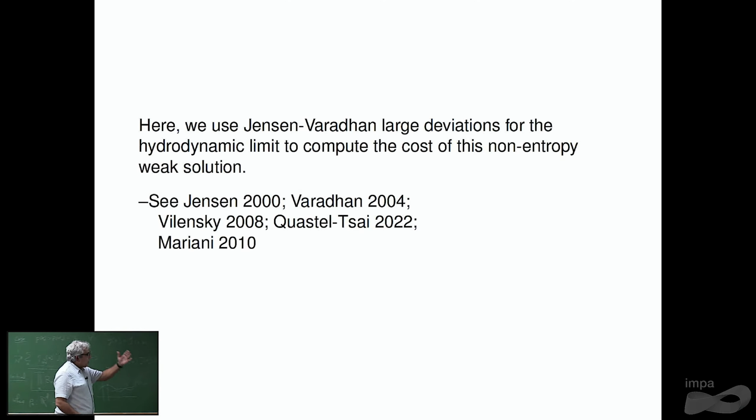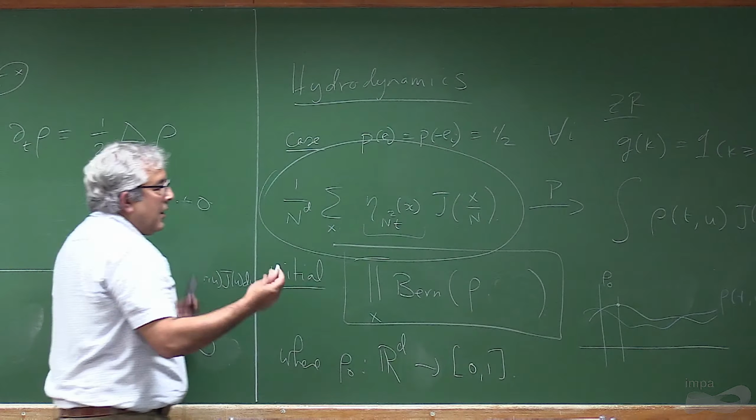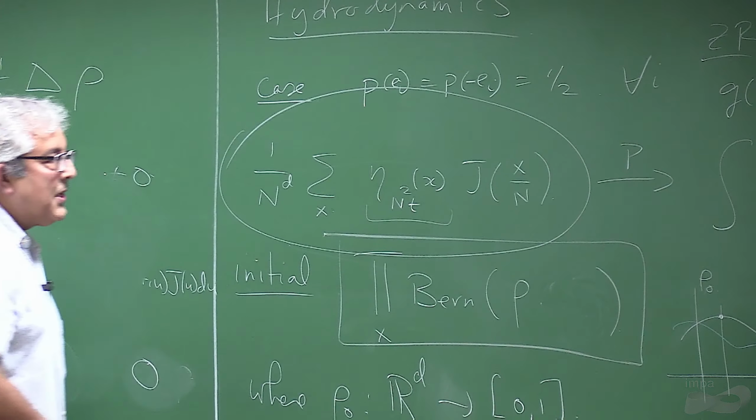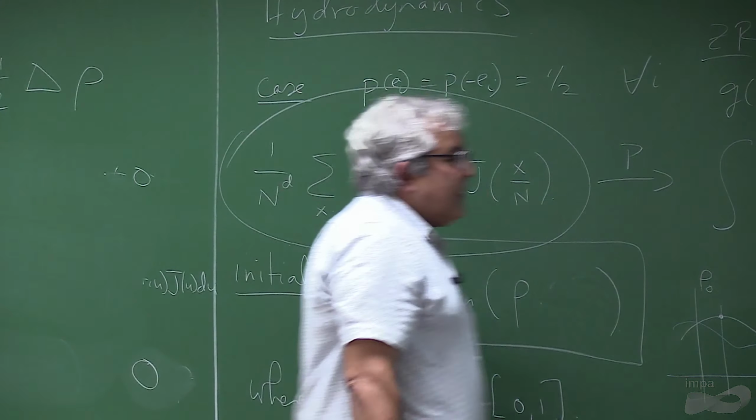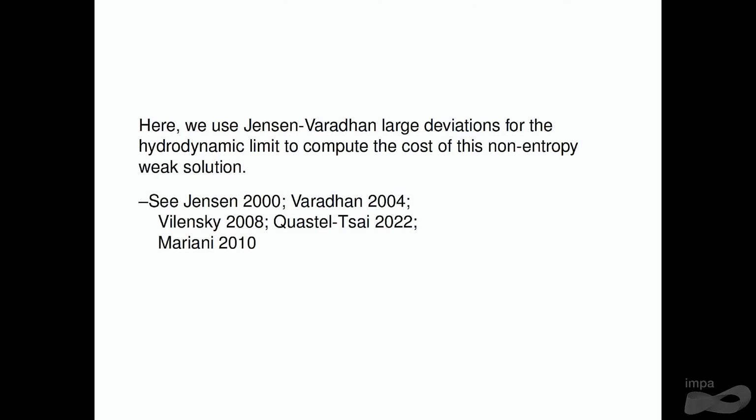Another way, which also has tons of open problems, is to go to the large deviations of the empirical measure. Right, so this is the law of large numbers. So you can also ask about large deviations, right? So in the asymmetric case, there are still open problems. This was considered in Jensen's thesis. Vardhan has a write-up of the thesis in 2004.